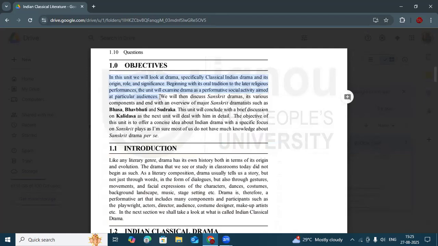So we know that in the earlier days, people used to speak the drama or speak all such things to each other. So it is called oral tradition. It was not in a written format.